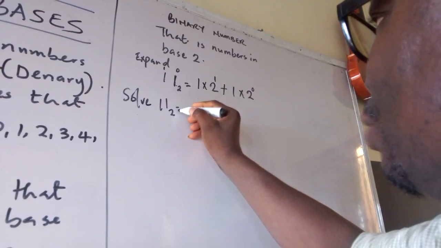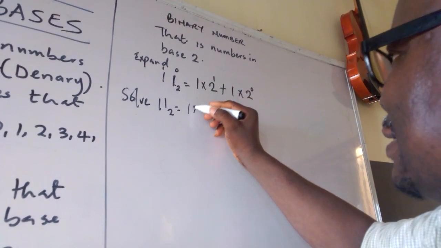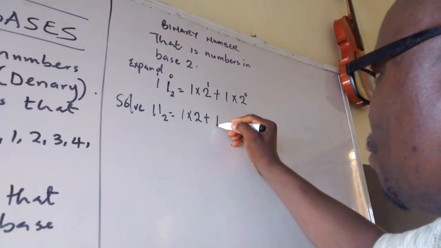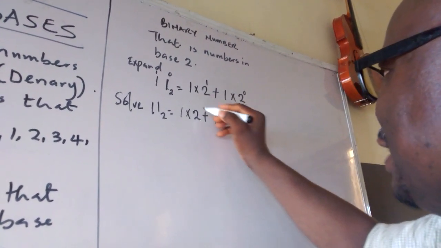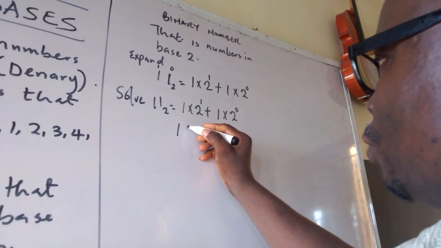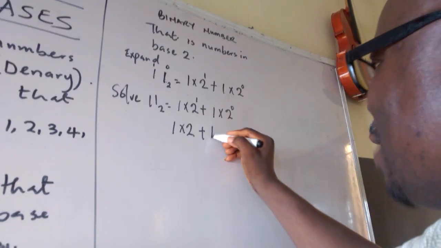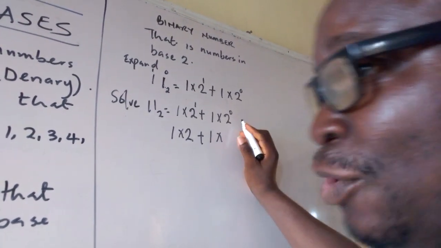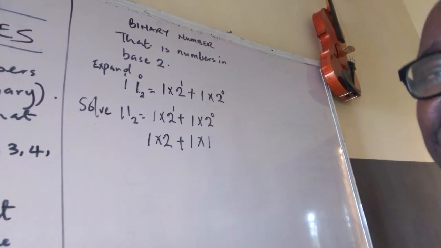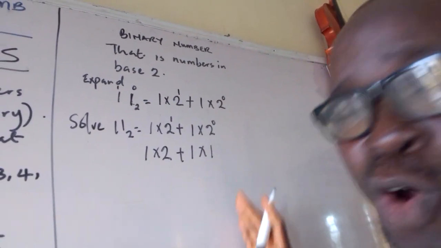But if the question says solve 1, 1 base 2, then I will continue. I will say 1 times 2 raised to power 1, plus 1 times 2 raised to power 0. 2 raised to power 1 means 2, and 1 times 2 raised to power 0 is 1. We did that when we were treating indices, where we said everything raised to power 0 is 1.